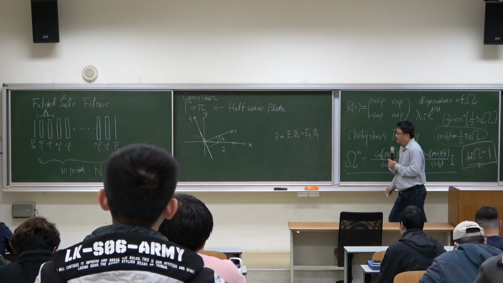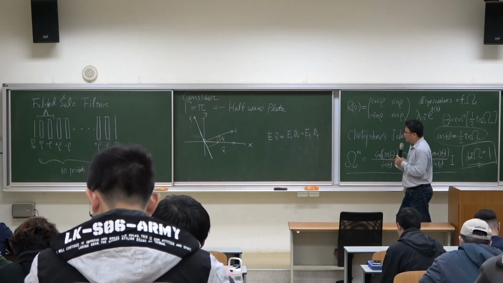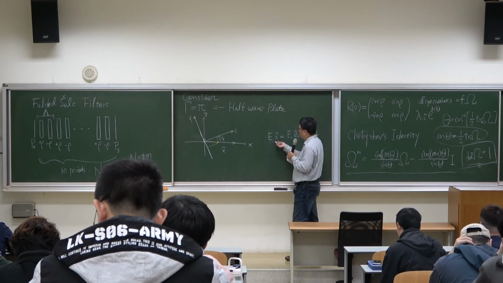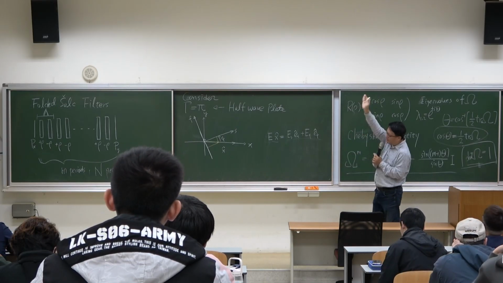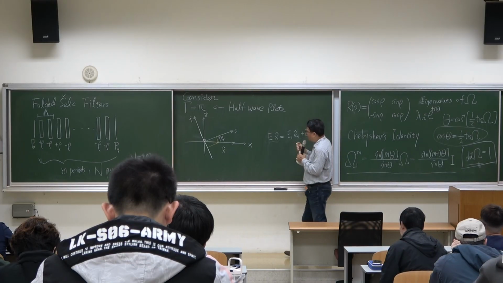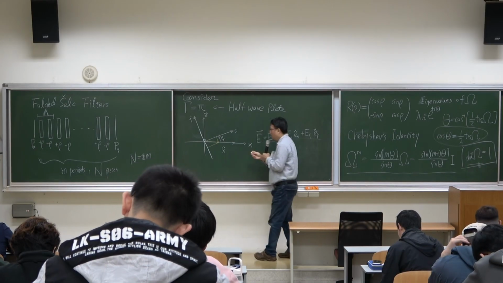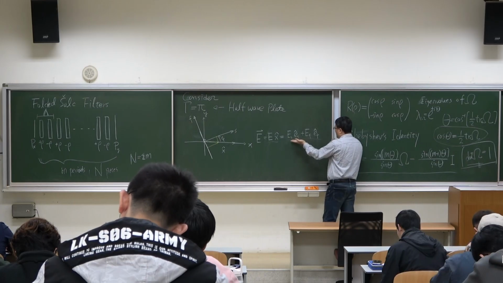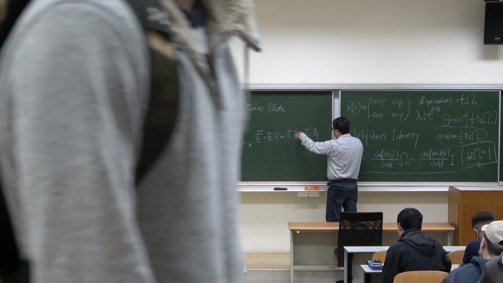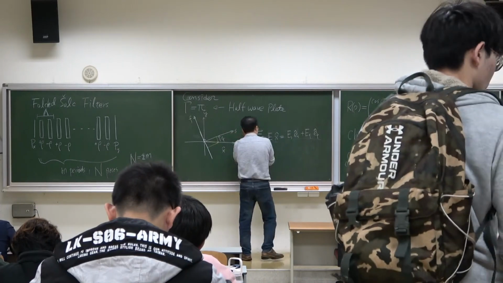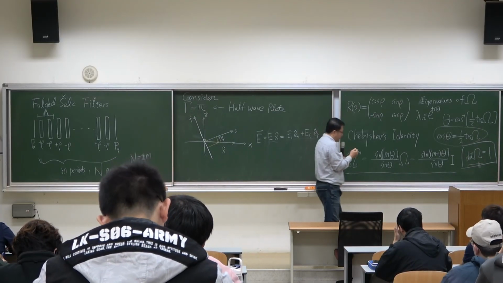Assuming the original electric field has amplitude 1 along x, we can decompose it into two components, along the slow axis and along the fast axis. The original E vector can be written as the summation of the components, where ES means the unit vector along the slow axis, and EF means the unit vector along the fast axis.